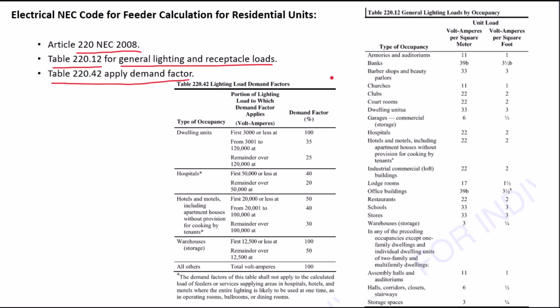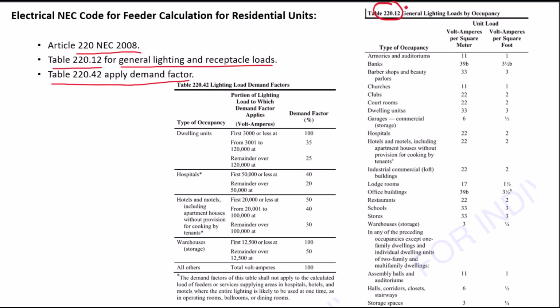Okay, so if you look at 220.12, this is the general lighting load by the occupancy type. So you can see the various occupancy types and the unit. And in this case, we don't use meters. We're in the US where we use feet. So it's going to be volt-amperes, or the apparent power, per square foot.